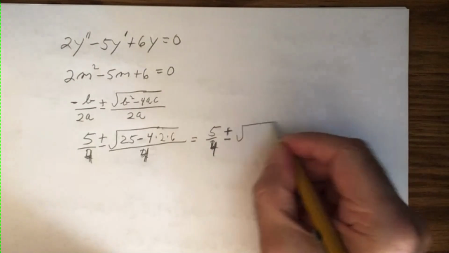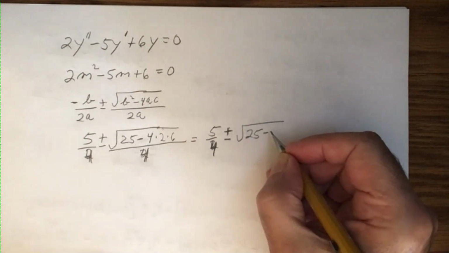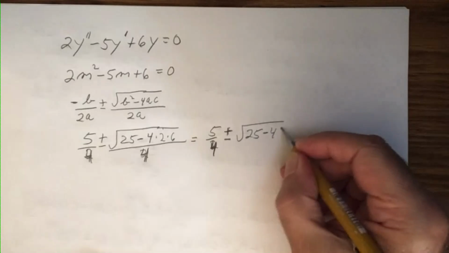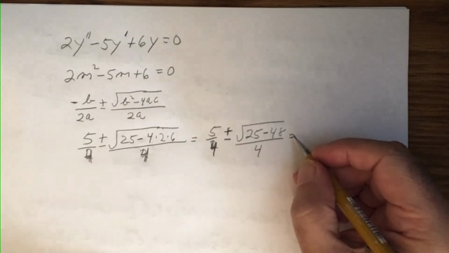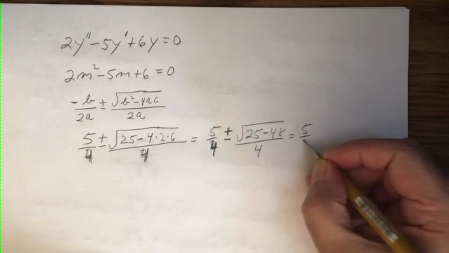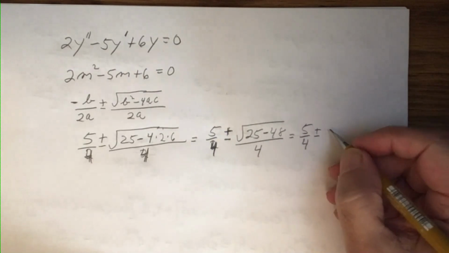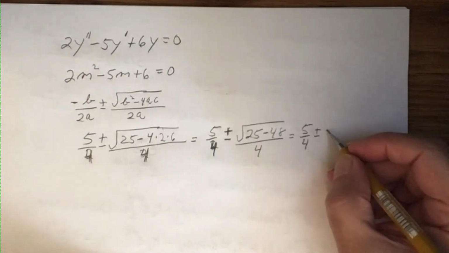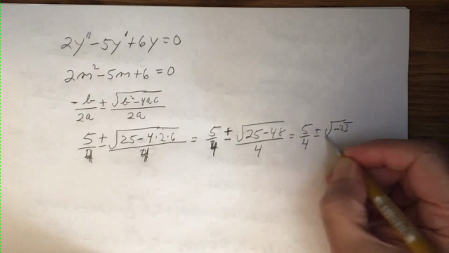So let's see. This becomes 25, and this is minus 48 divided by 4. So this is going to be 5 over 4 plus or minus the square root of minus 23 over 4.